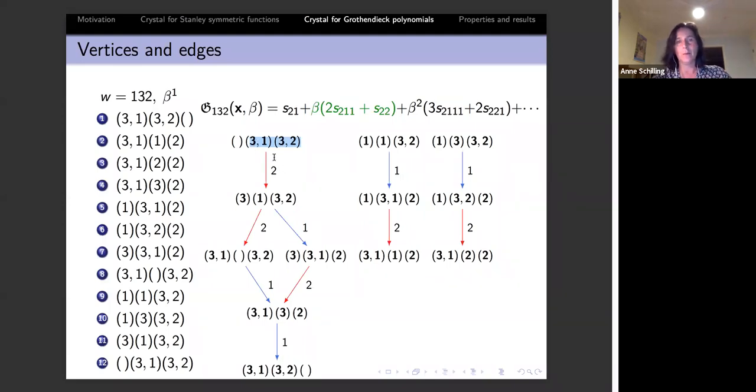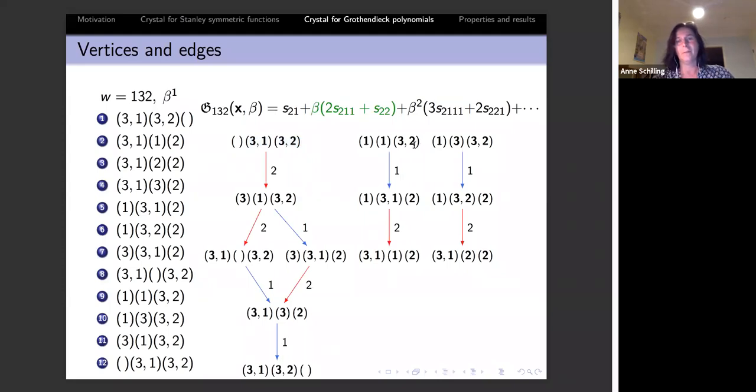But you could apply an F2, which just moves the first 3 over. Okay, and then we've basically grouped all of these into these graphs, which are called crystal graphs. And you can see that we have 3 connected components, right? This big component and 2 components that look isomorphic to each other, except for the labeling of the vertices.